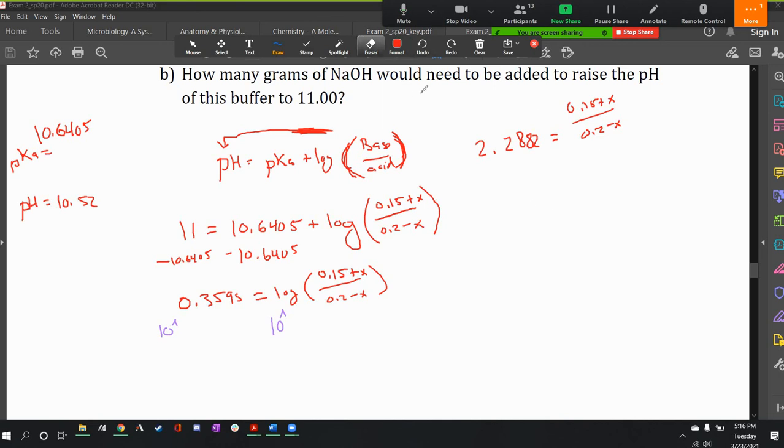Okay, so now we gotta isolate x, so multiply by 0.2 minus x over here. Do the same thing over here.